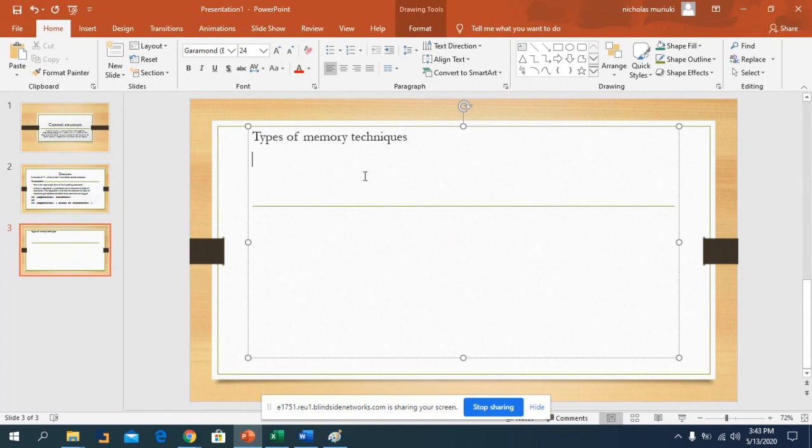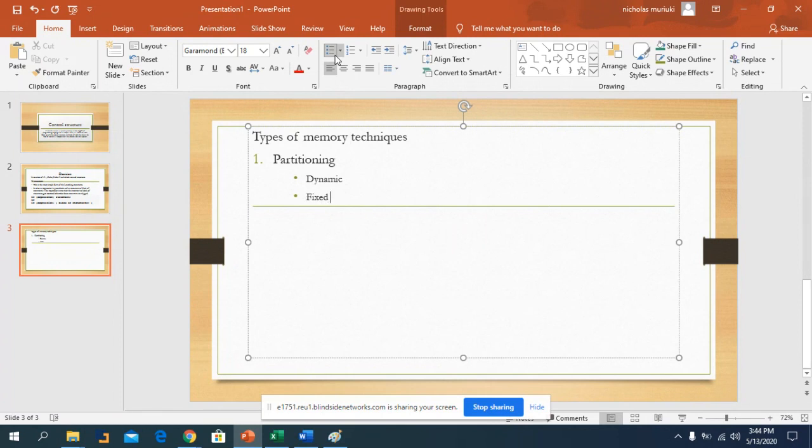One, we have partitioning. And under partitioning, we can have dynamic partitioning and fixed partitioning.